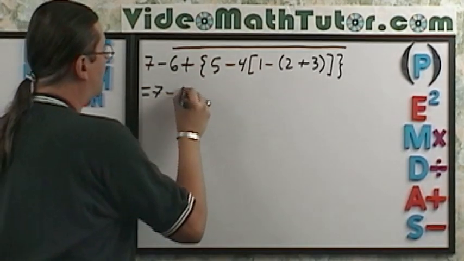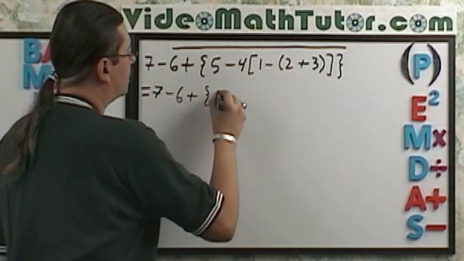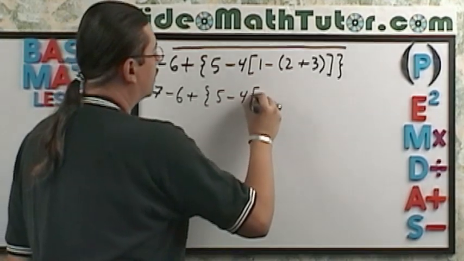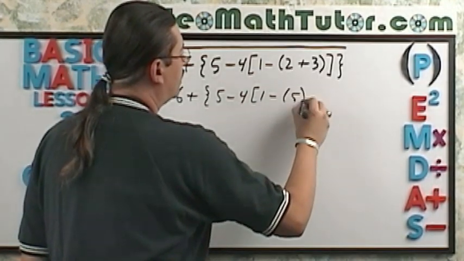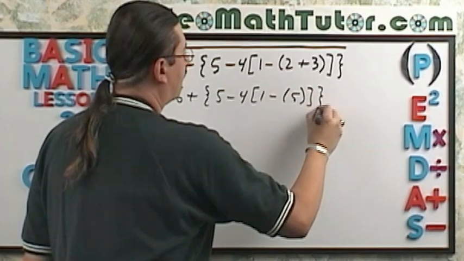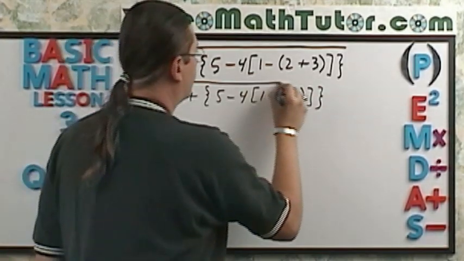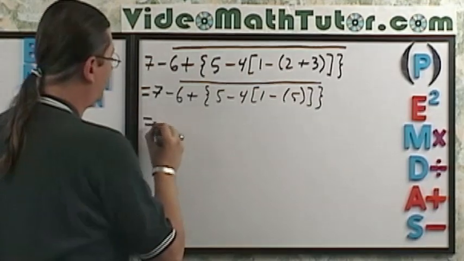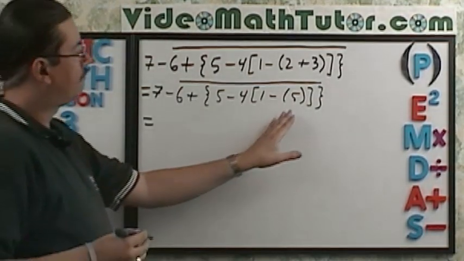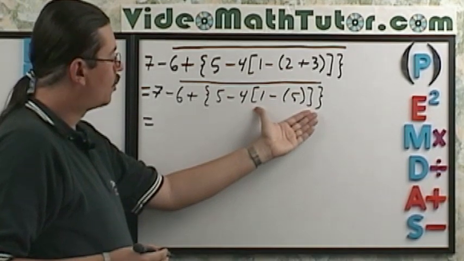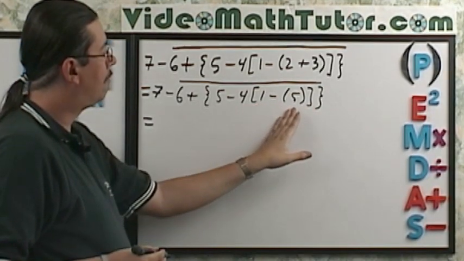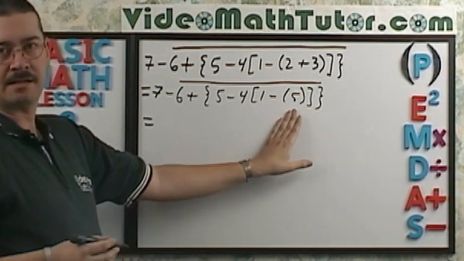So 7 minus 6 plus, let's just copy this down. 2 plus 3 is 5. Now the innermost set of parentheses are right over here, our grouping symbols. 1 minus 5 is -4.